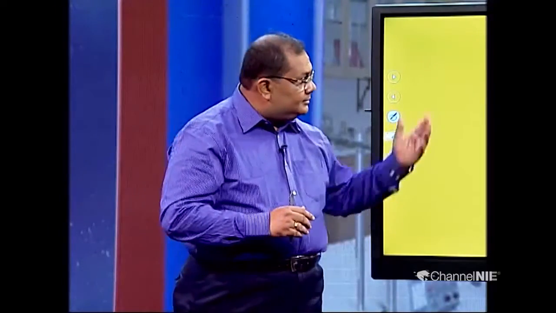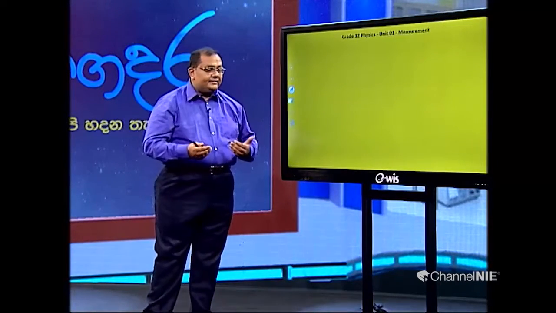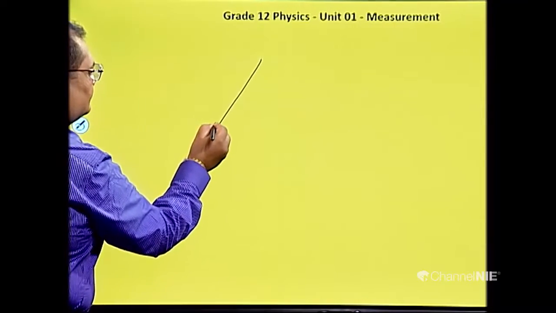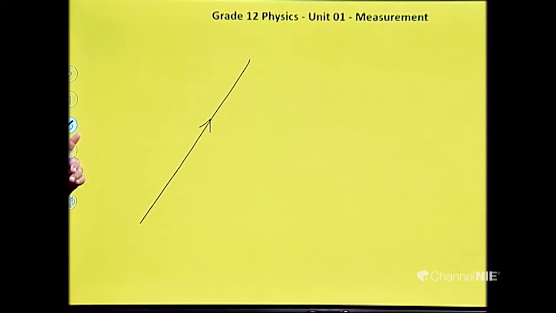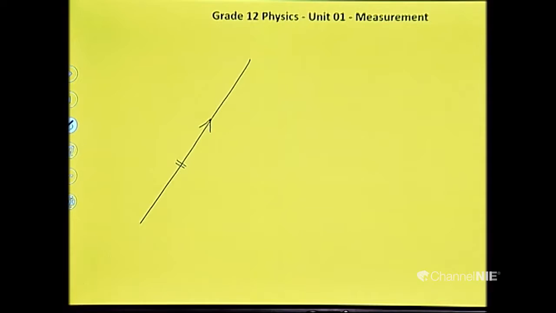Then you should know how to represent a vector, right? To represent a vector, we use an arrowhead with a certain direction and magnitude, like this. It needs an arrowhead, it needs a certain magnitude, and it needs an angle.